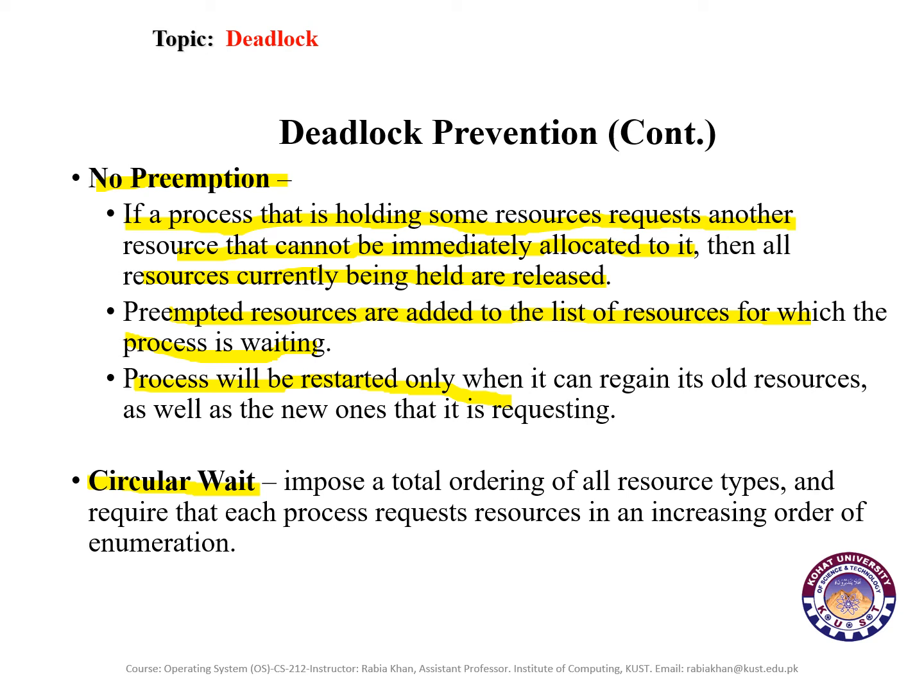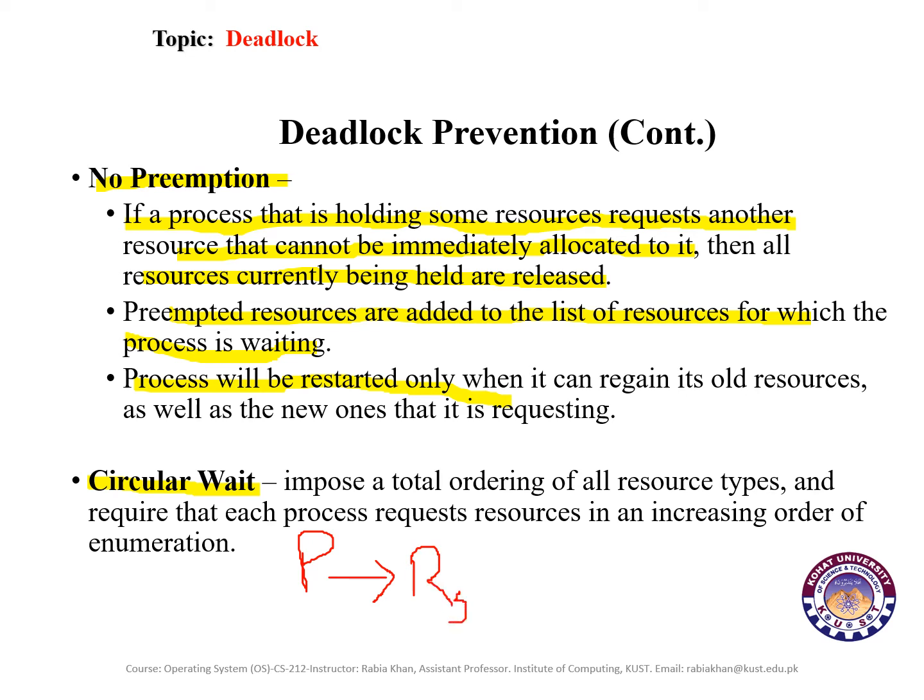So processes are allowed to request resources in increasing order of their numbering and cannot request in decreasing order. For example, a process holding a resource R5, let me write it. A process is holding a resource number 5.